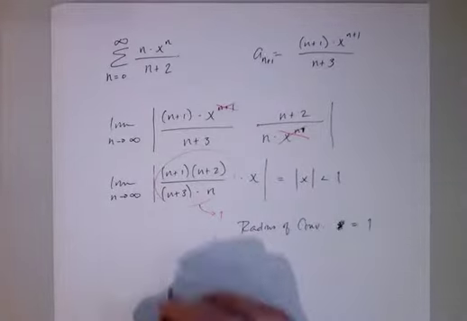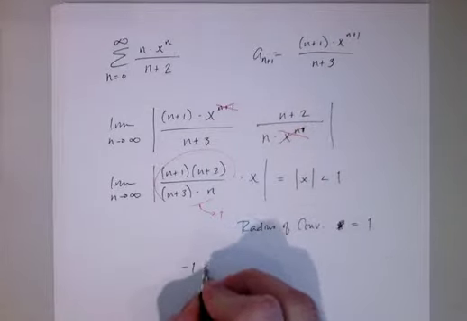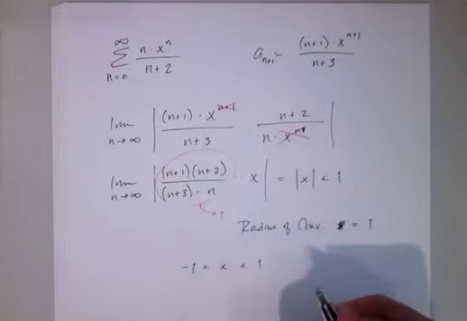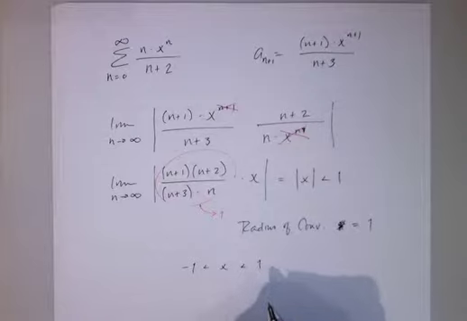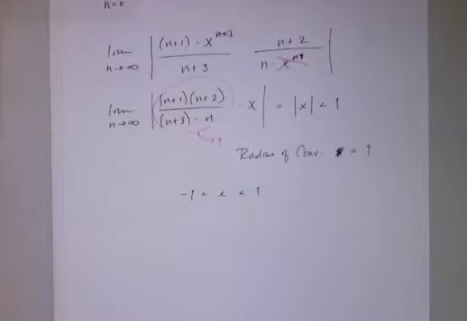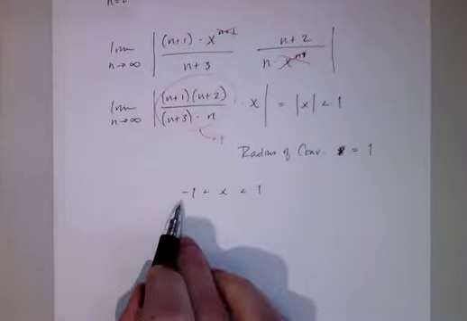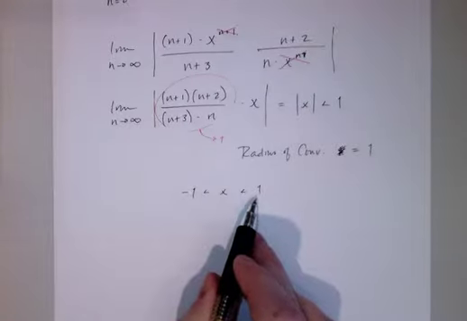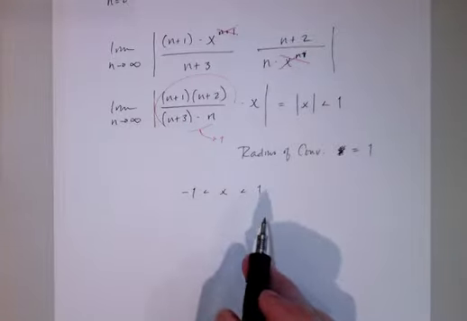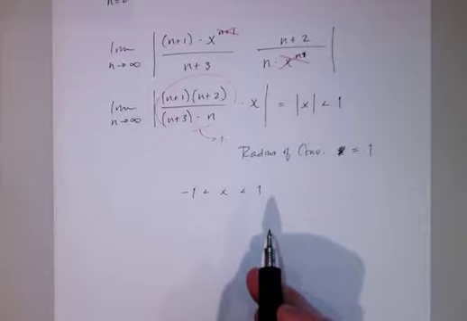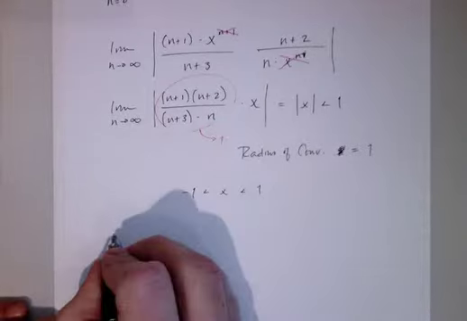Now, what that means also is that I have a preliminary answer on our interval of convergence, but what must happen now is I must test -1 and 1 by plugging them back in to determine whether the endpoints converge or diverge.